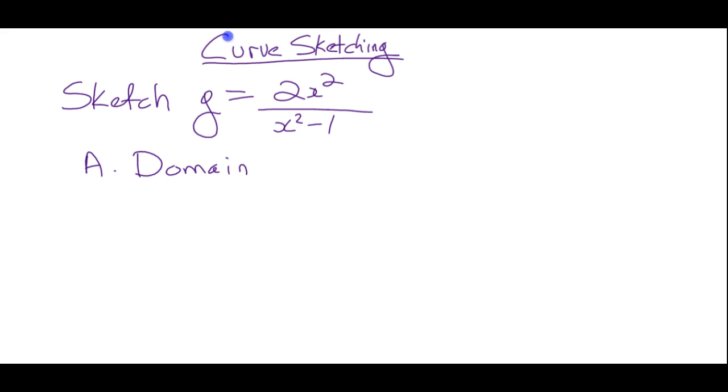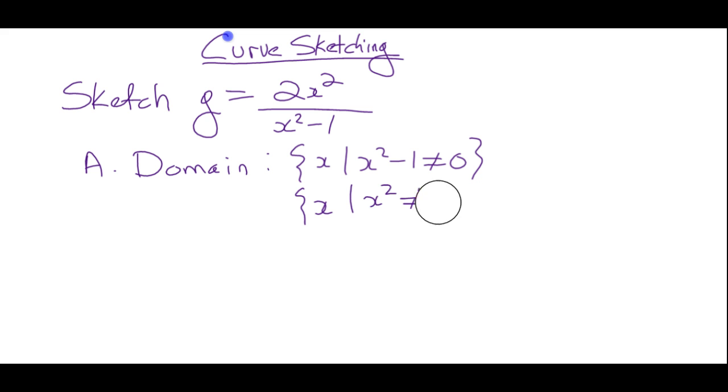following the book, the first thing we're going to do is find the domain, right? So the domain is the set of all x such that x squared minus 1 is not equal to 0, which is the set of all x such that x is not equal to plus or minus 1, or stated in a nicer way, state that in a nicer way down here.